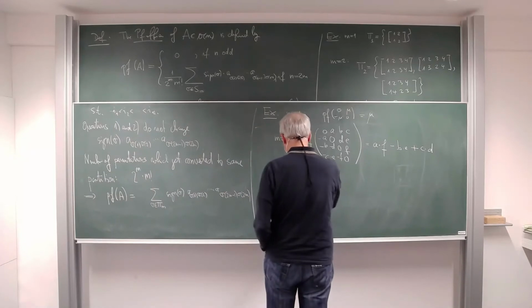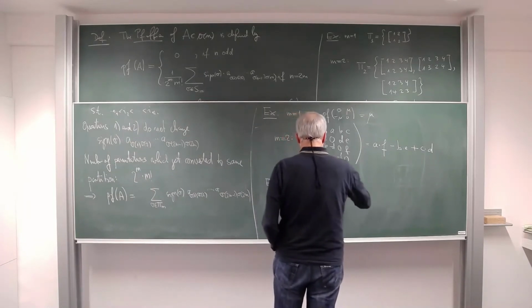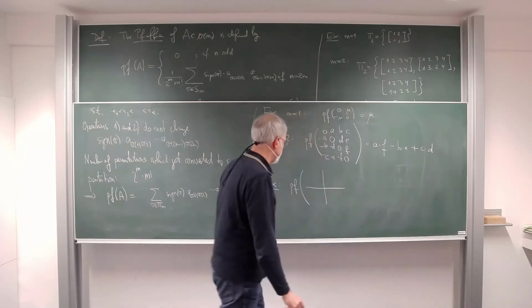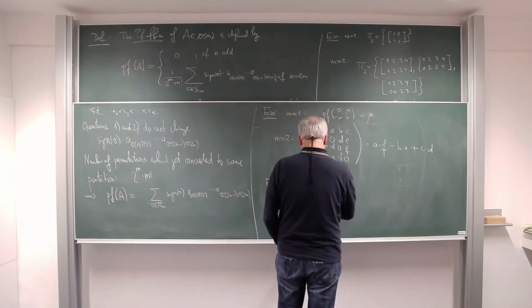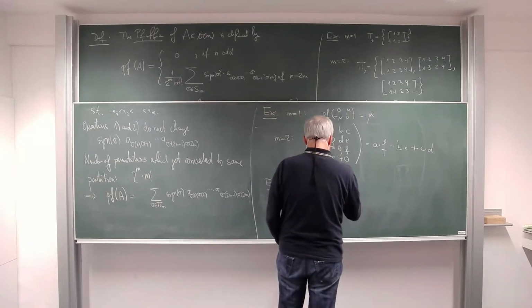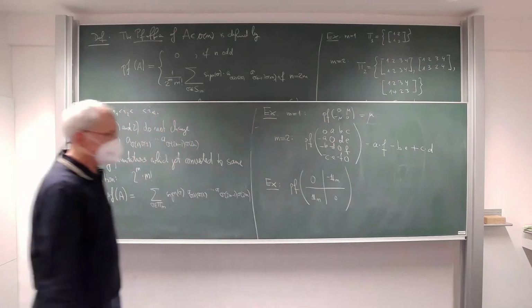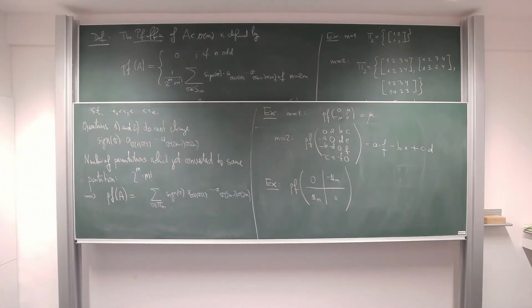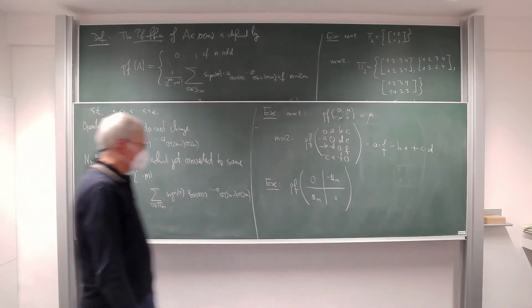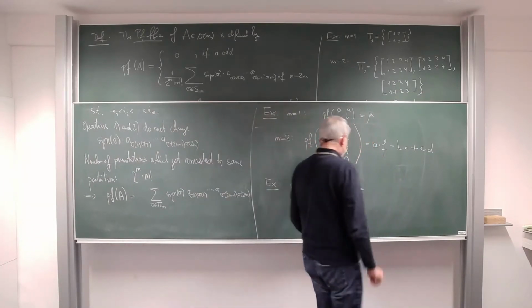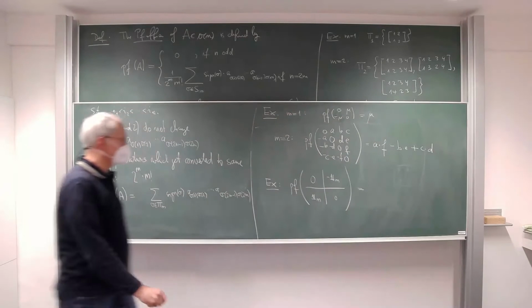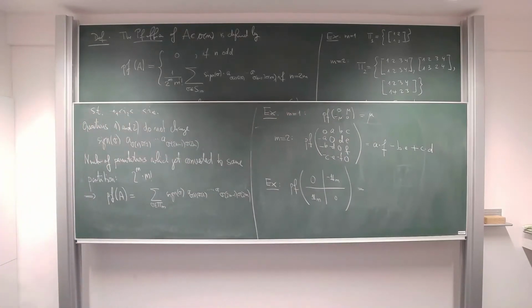If we take the Pfaffian of a block matrix, where we have zeros here, and minus the identity here, and plus the identity here. That's also skew-symmetric, obviously. So what would the Pfaffian be? Well, how many partitions contribute?